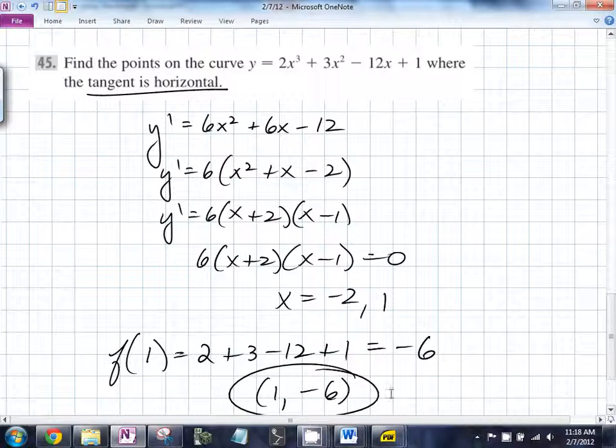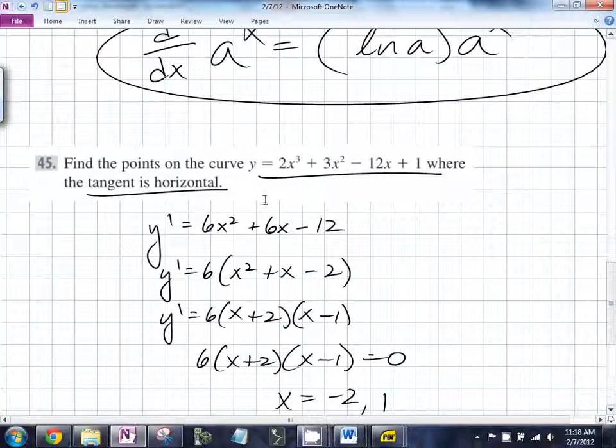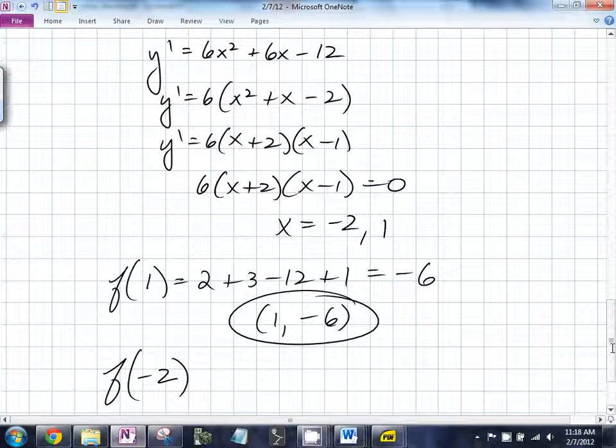How do you find the second one? You plug in f of negative 2, into the original function, on the points on the curve. Can the derivative and a function intersect? Sure, they can. e to the x intersects with its derivative because the derivative of e to the x is e to the x. So then we plug in negative 2.